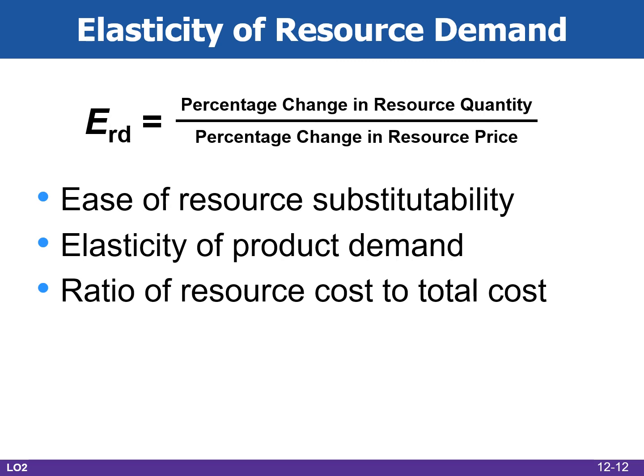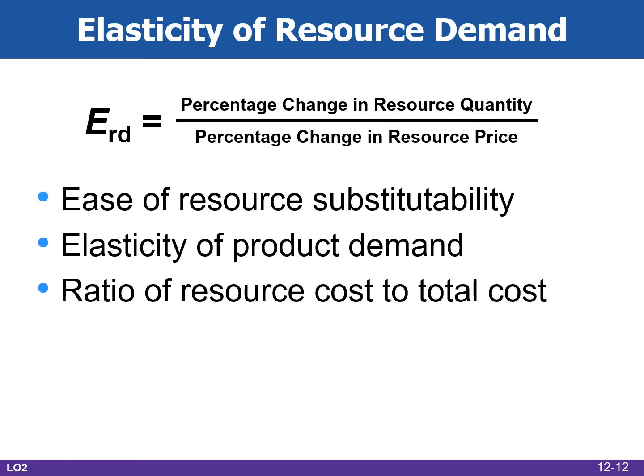This same idea of elasticity can be applied to resource demand. The formula for elasticity of demand is percentage change in quantity demanded divided by percentage change in price. The formula for elasticity of resource demand is percentage change in resource quantity over percentage change in resource price.